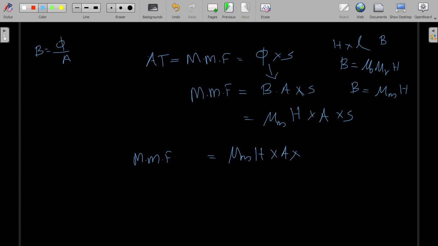Then I am going to substitute the reluctance formula. Reluctance S is equal to L divided by mu m A, that is mu 0 mu r into A. Actually mu m is the formula.